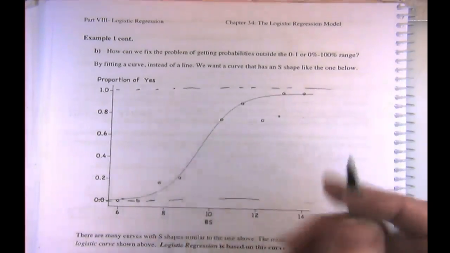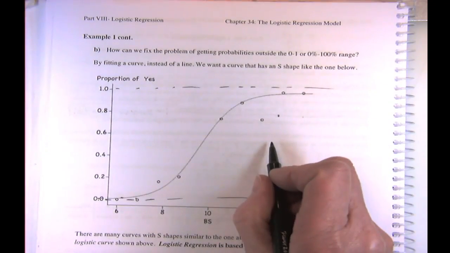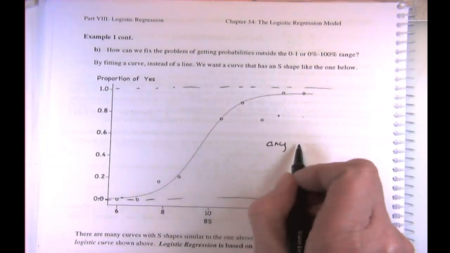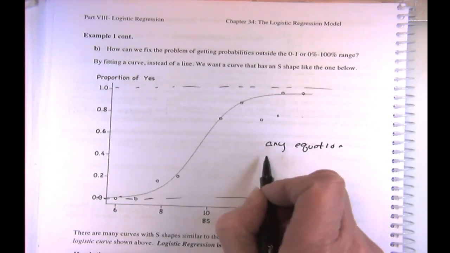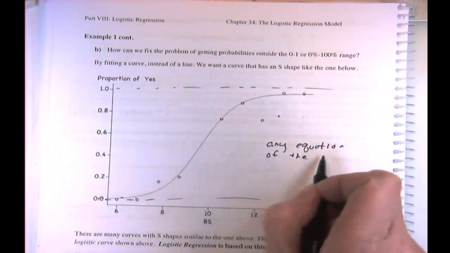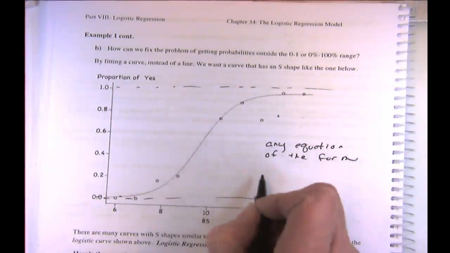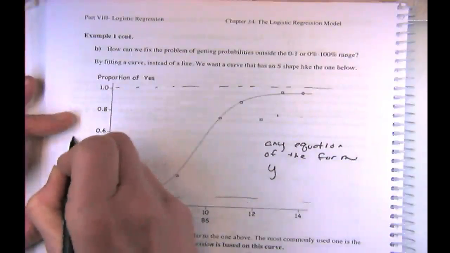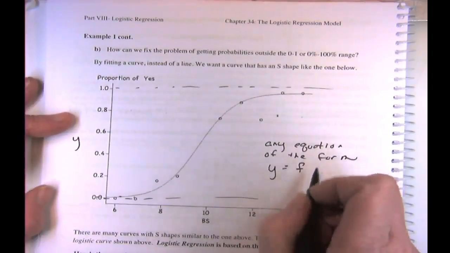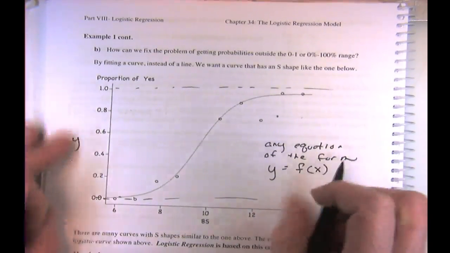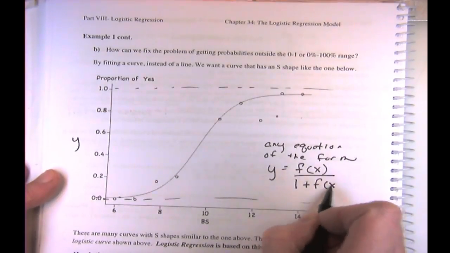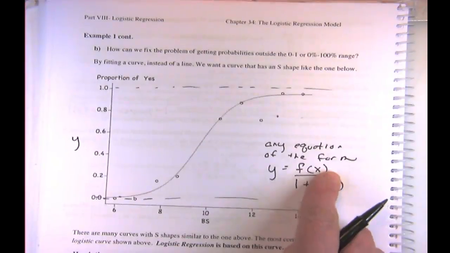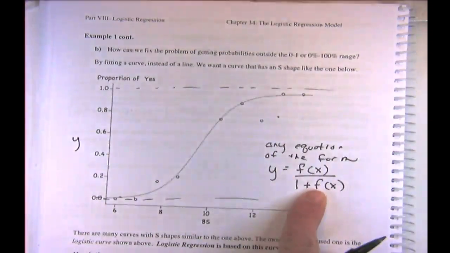That's what this is, but basically, any equation of the form y, this is our y-axis, is equal to f of x over 1 plus f of x, as long as f of x is positive and increasing, like that.